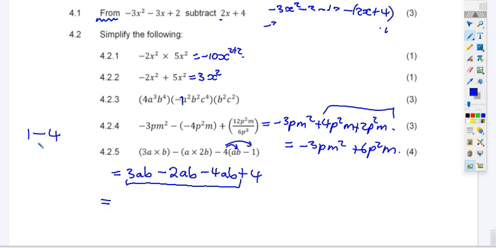And on a number line, we could say we are at positive 1 and then go 4 steps to the left. So from positive 1, we go to 0, minus 1, minus 2, minus 3. So this one gives us a negative 3ab and then plus 4. All right, that's all for this one.